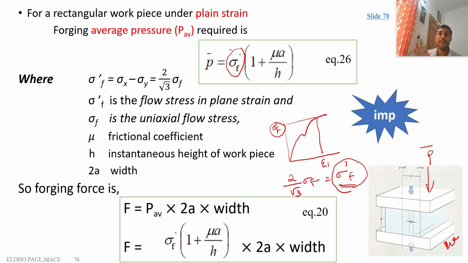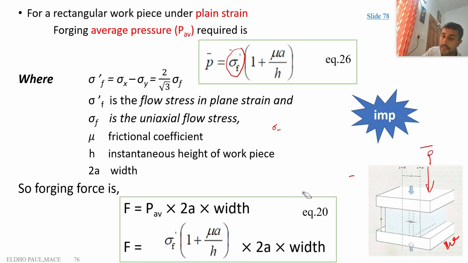Then you have to convert this flow stress by 2 by root 3 to get sigma dash f, if the problem is a plane strain problem. If the problem is not a plane strain problem, we can directly supply sigma f here.